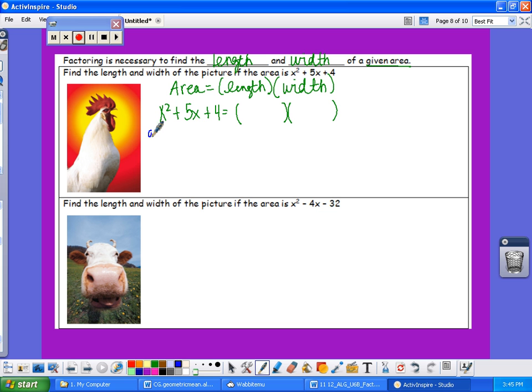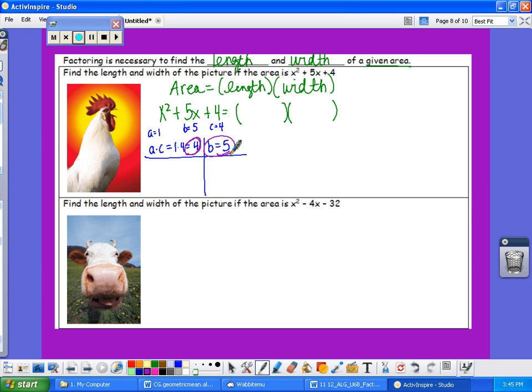So remember, A is 1, B is 5, and C is 4. Ready? A times C would be 1 times 4, which is 4. My factors need to add to 5. So I'm looking at 4 and positive 5.